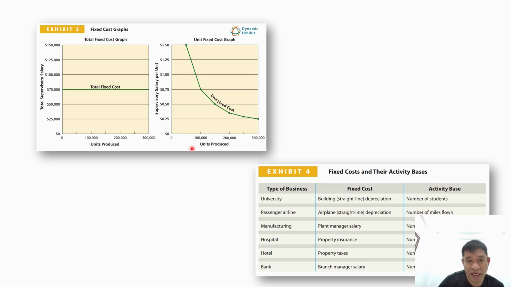And the second graph is between the units produced versus the supervisory salary per unit. It is shown here that as the units produced increases, the supervisory salary per unit decreases.